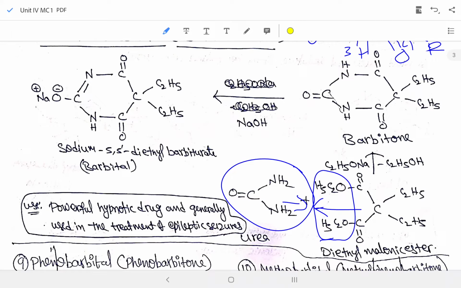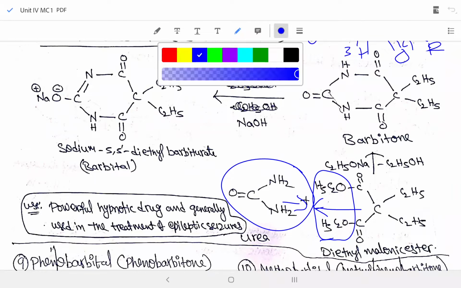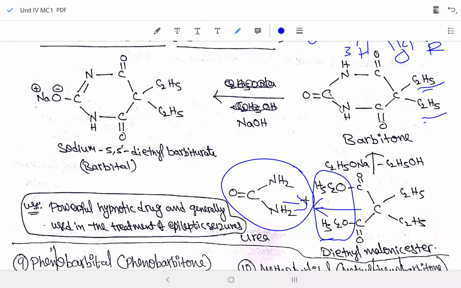So, what do you observe in the structure of barbitone? You have at the fifth position two alkyl side chains, diethyl, and the remaining things are as in the basic structure of barbituric acid.